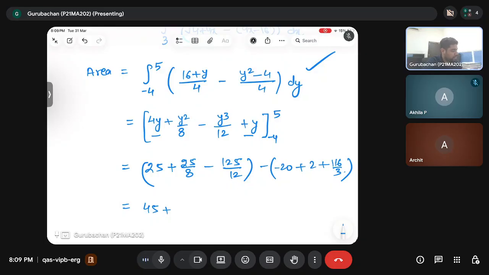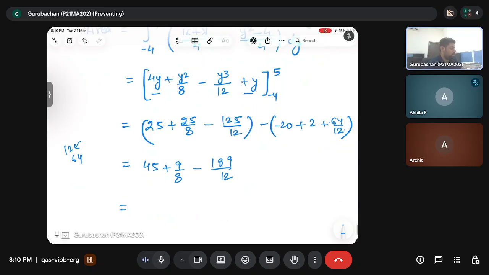So this will be 25 minus 16, this will be 9 by 8 minus... this was with a negative sign, so this will become positive. I hope you can do the calculation. 125 plus 64, so this will be 189 divided by 12.